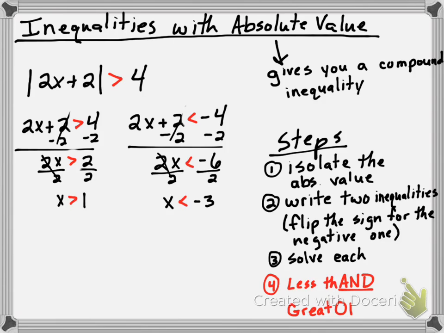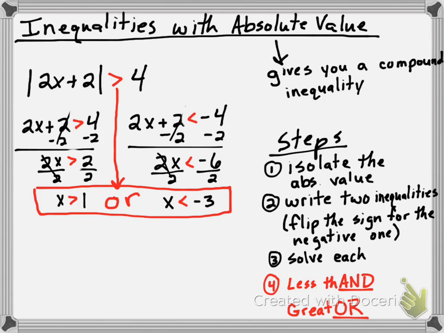Or greater: if it's a greater than symbol, you use an or. So since this one is greater, I use an or, and that's my compound inequality. x is greater than 1 or x is less than negative 3. So that's the compound inequality. That's the solution for this absolute value inequality.